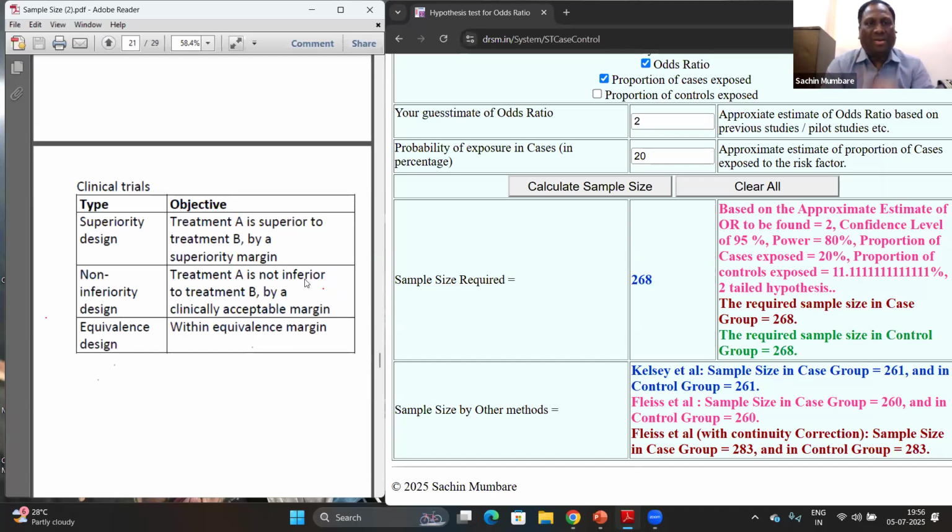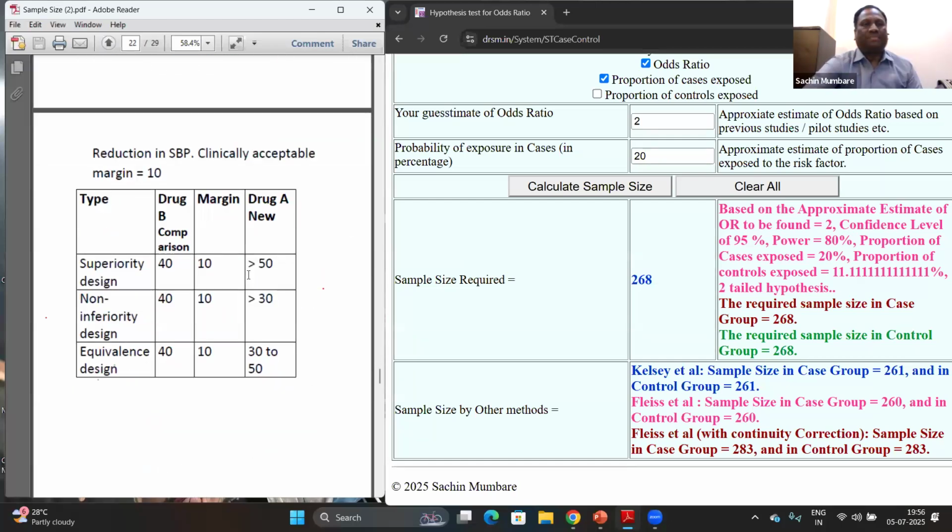Then I will call treatment A superior only if treatment A is giving a success rate of more than 50 plus that superiority margin of 10, more than 60. So I will explain here what this is. Suppose there is drug B, which is a comparison drug, which is already in existence.